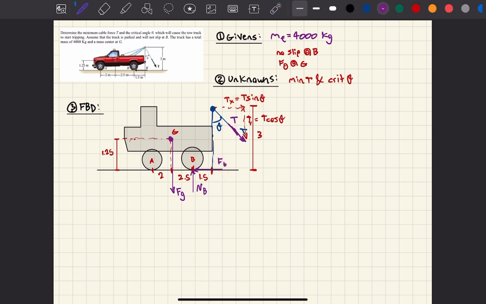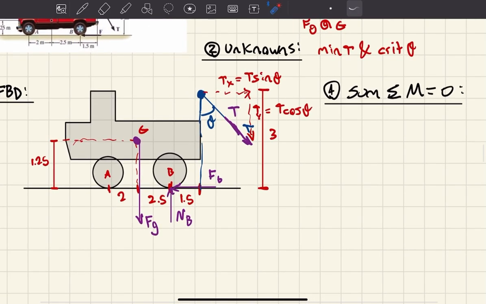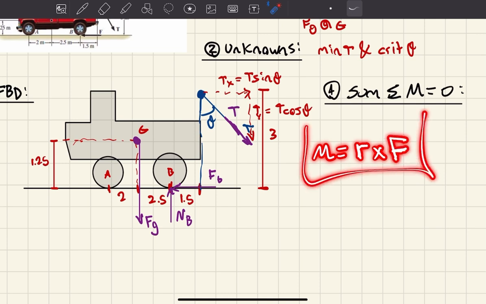So we're going to take the sum of moments about a specific point. What point are we going to sum the moments about? Well, you want to choose the easiest place. Remember that the moment equation is a distance from the axis crossed with the force.